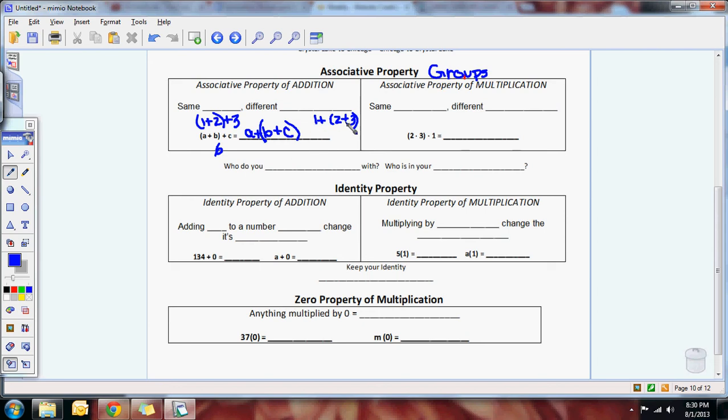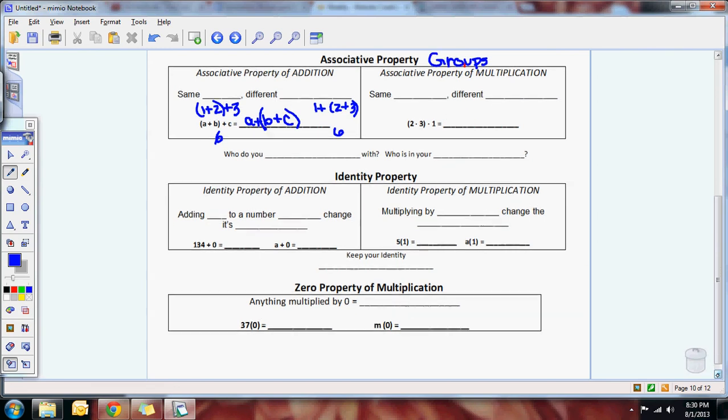I kept the order the same, groups are different, so 2 plus 3 is 5, plus 1 is 6. So hopefully you saw keeping the order the same, but switching around those parentheses or those groupings does not change the answer. Okay, and you'll see if you were to work this out, it's the same thing for multiplication. Keeping the order the same, but switching the groups is going to give you the exact same answer.